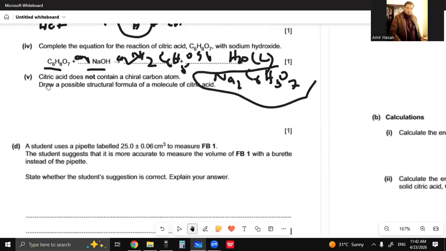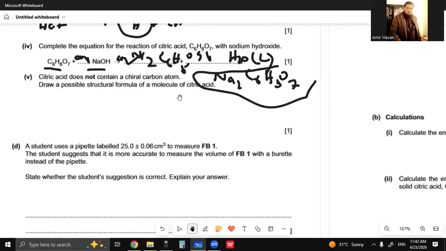Then again, the question says acetic acid does not contain a chiral carbon atom. Draw a possible structure of a molecule of citric acid. Now he is asking for the citric acid structure with a chiral molecule.